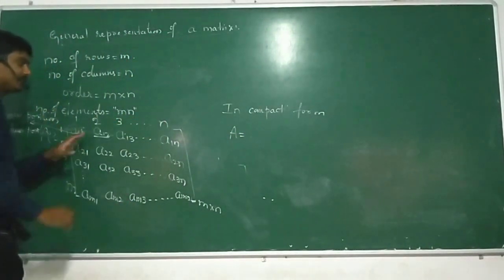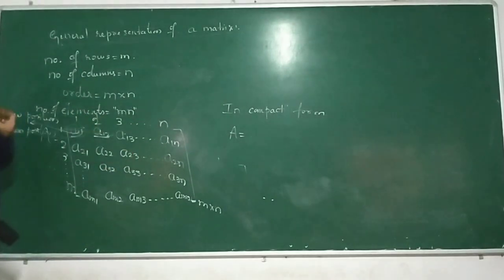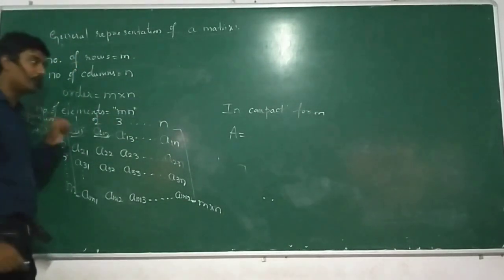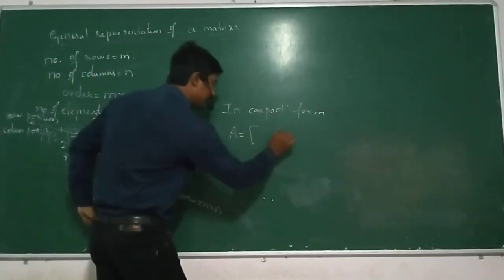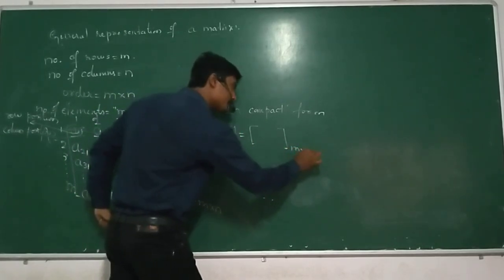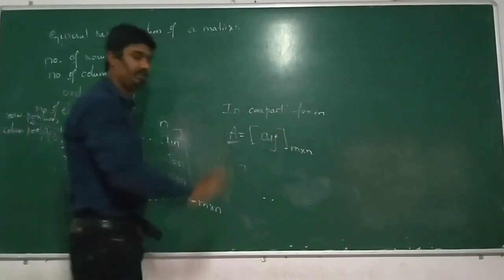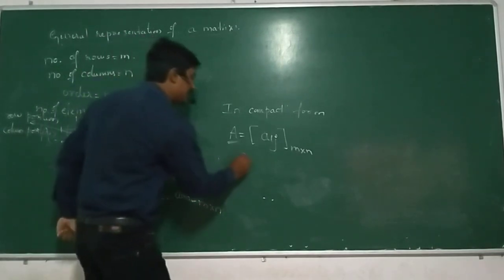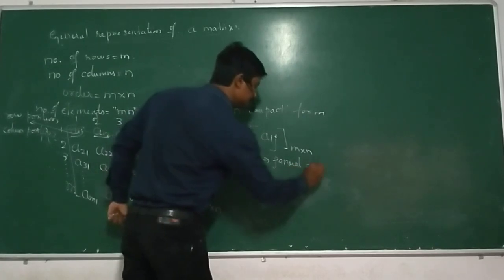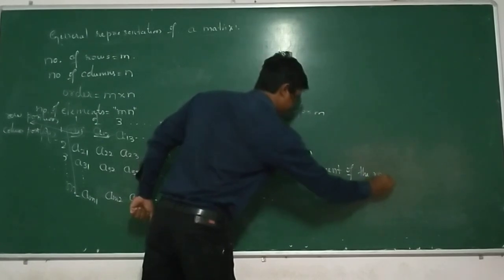Since this general representation looks lengthy and takes more time, we write it in its compact form. The compact form is A equals, we write the A matrix, its order is m by n, and we denote the element aij. This aij is called the general element of the matrix.